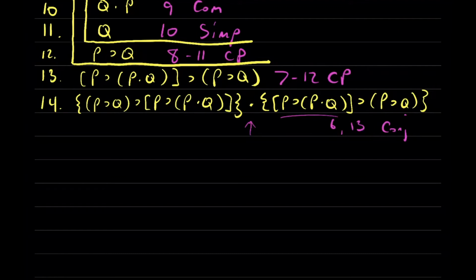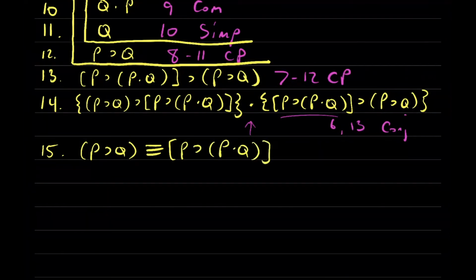Just break it down. Okay, and on line 15, finally, we can show the biconditional. So we have P implies Q is equivalent now with a triple bar to this expression in the bracket, P implies P and Q. And that's going to follow from line 14 by equivalence, and we're done.